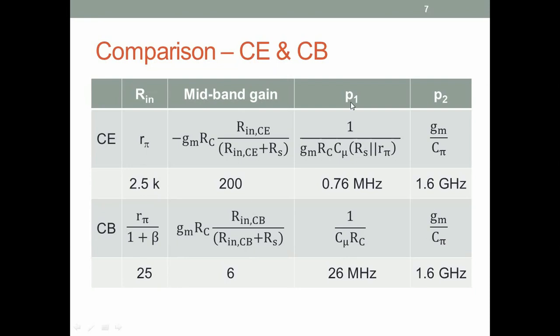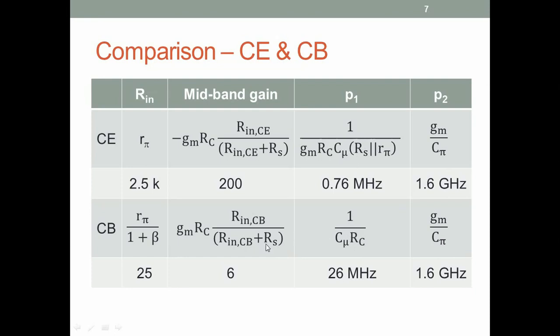The 3 dB frequency of the common emitter amplifier was small. Here it is much larger. The second pole is in fact the same, approximately both of them are GM by C pi. Now this is an important distinction between the common emitter and the common base.